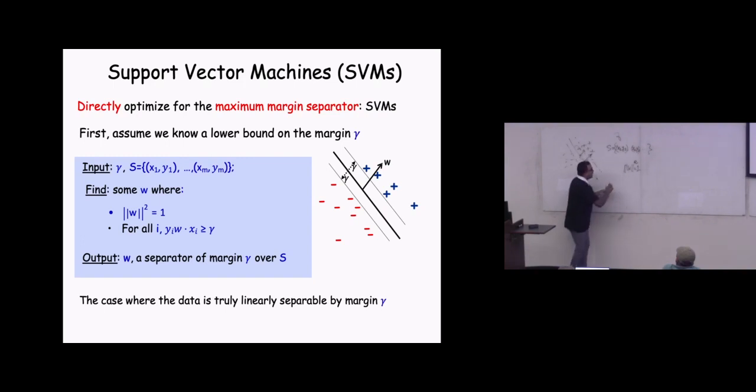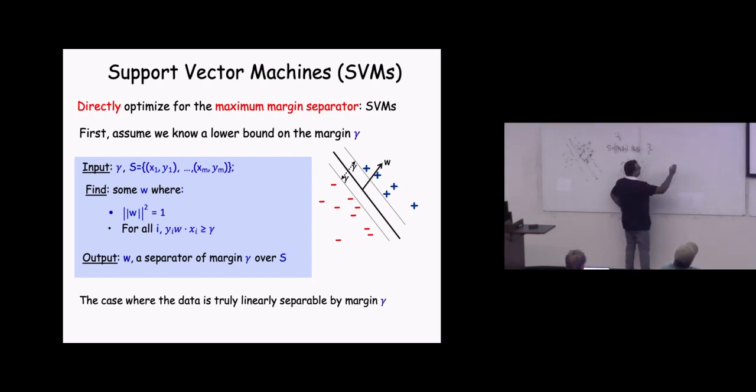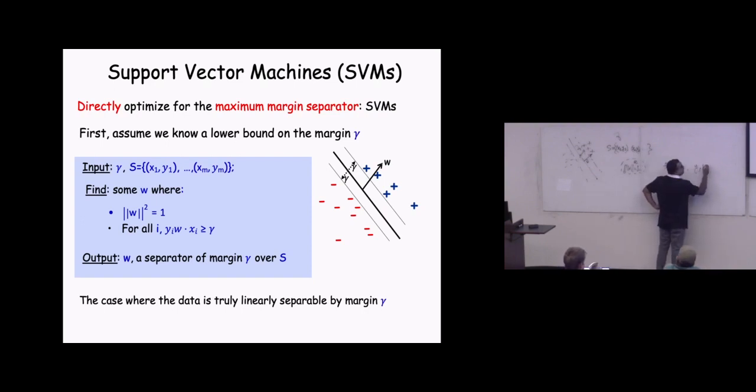So we need to find a vector W where this is true, and it properly classifies all the examples with the margin of gamma. What does that mean? That means for all the points we have here, for all i, we should have W dot xi greater than or equal to gamma.